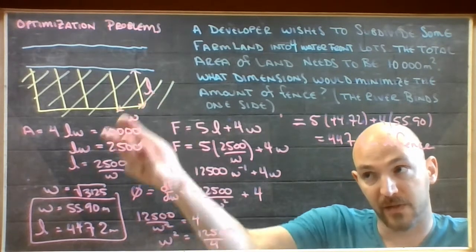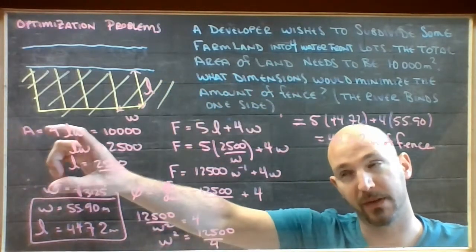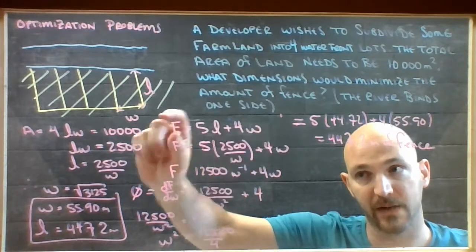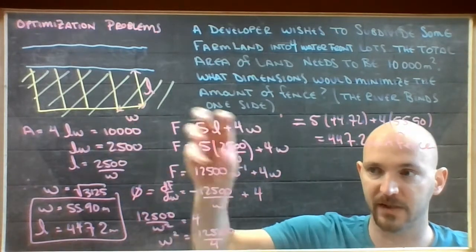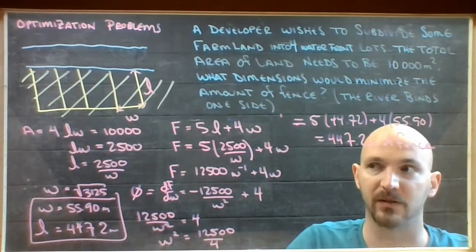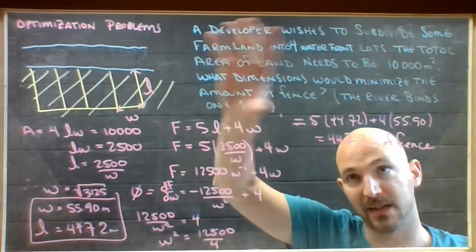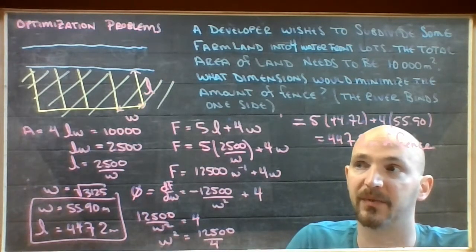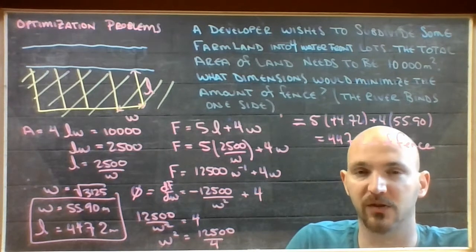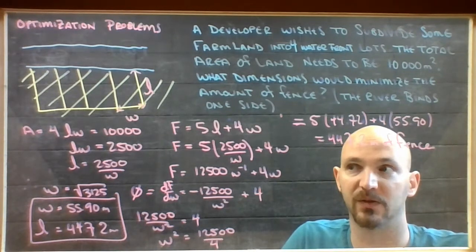You were given some sort of constraint, so you had to draw it first, figure out what the constraint was, find out the equation for the thing you were trying to optimize, shove this into this, take the derivative, set it to 0. Where these get tricky in a question like this is trying to translate this paragraph into a picture like so. Because sometimes you're not just using the area or volume formulas, you have to actually construct the equation yourself.